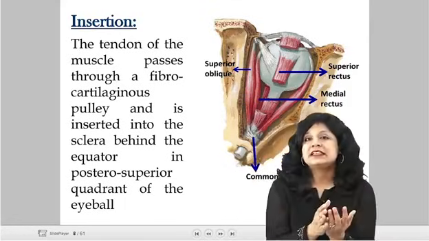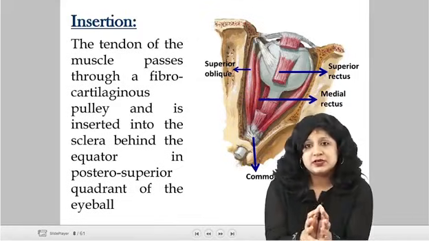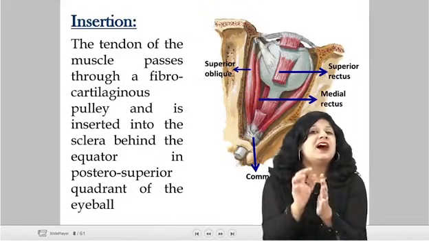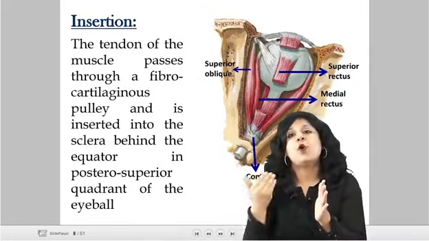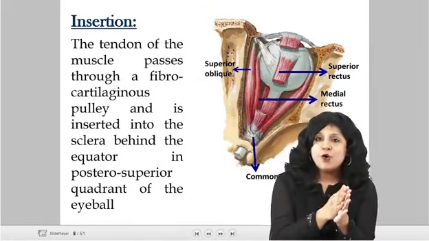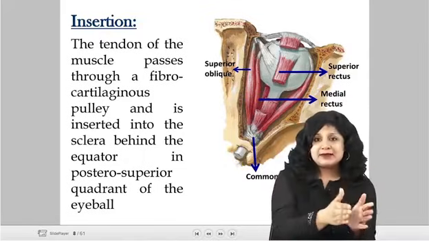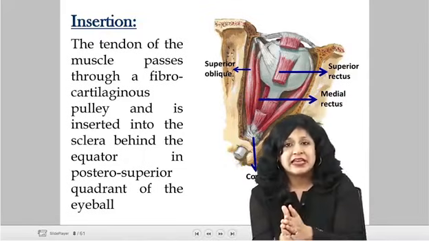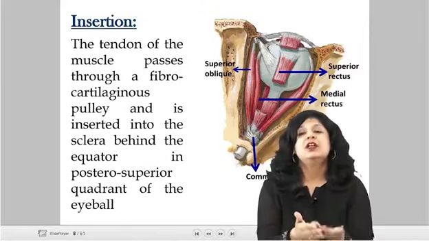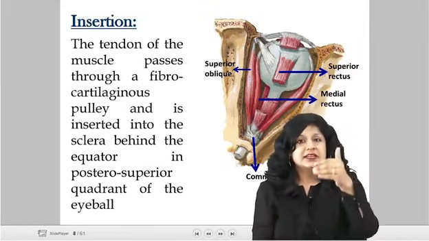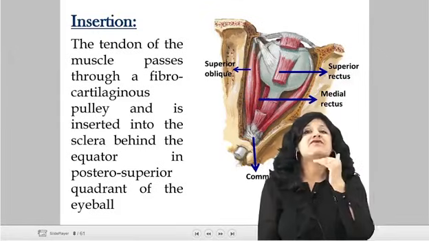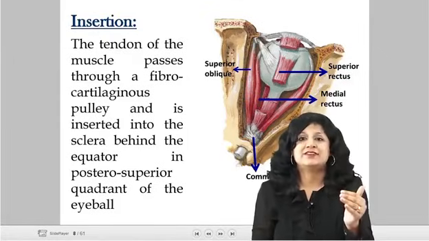Because these muscles are inserted posterior to the equator, they are taking the eye in the opposite direction. O for oblique and O for opposite. So oblique muscles will take the eye in the opposite direction. Superior oblique will cause depression and inferior oblique will cause elevation.